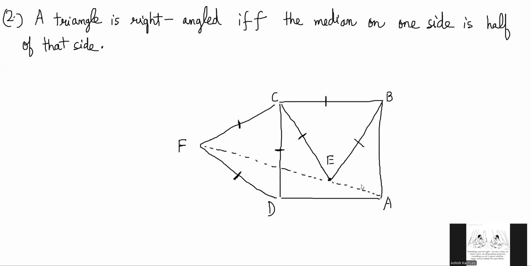Anybody else about this question, collinearity? You have to realize that ABCD is a square and these are equilateral triangles. So how would you prove collinearity? Tell me, anyone?